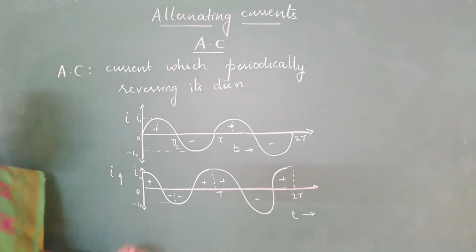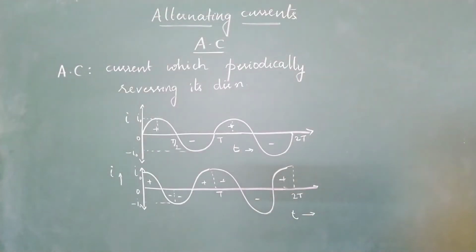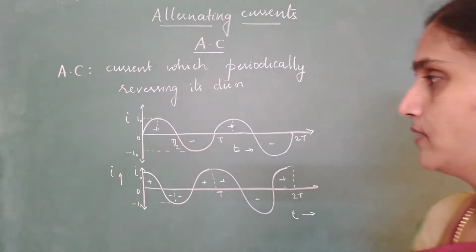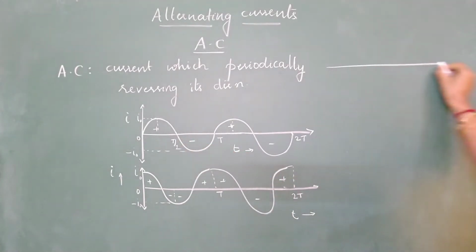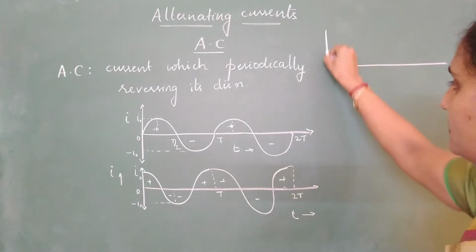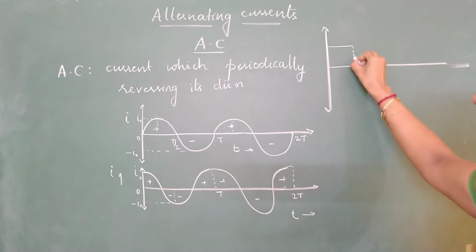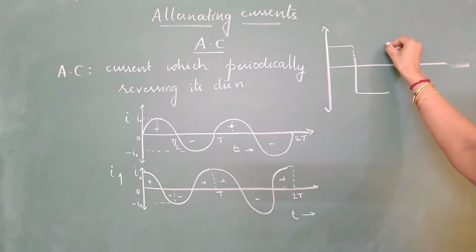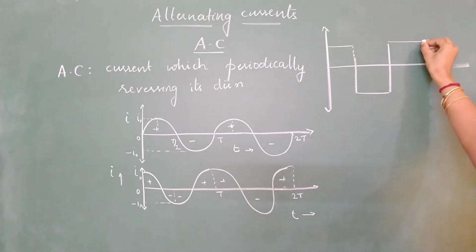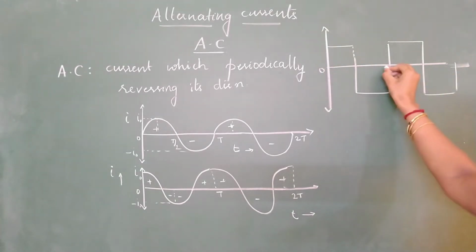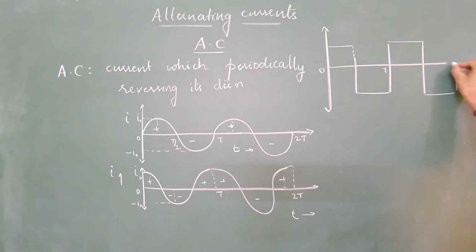You can sometimes represent an alternating current in a rectangular or a triangular way. It is not necessary that it should be a sine or a cosine function. Sometimes you can also represent the alternating current this way, a square wave, with 0, T and 2T.